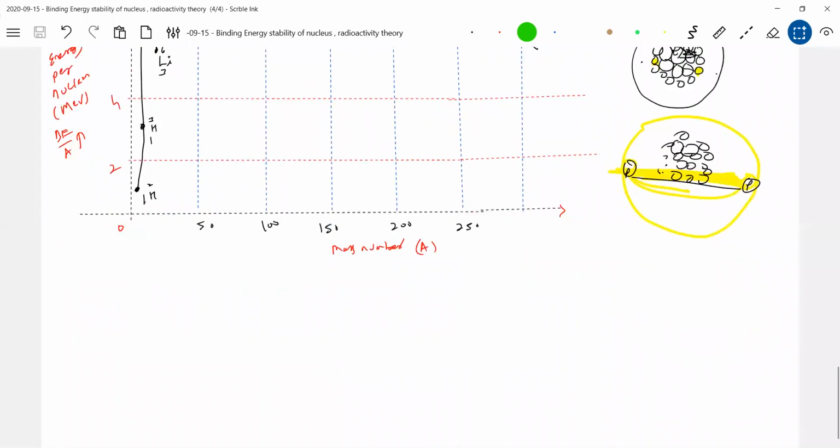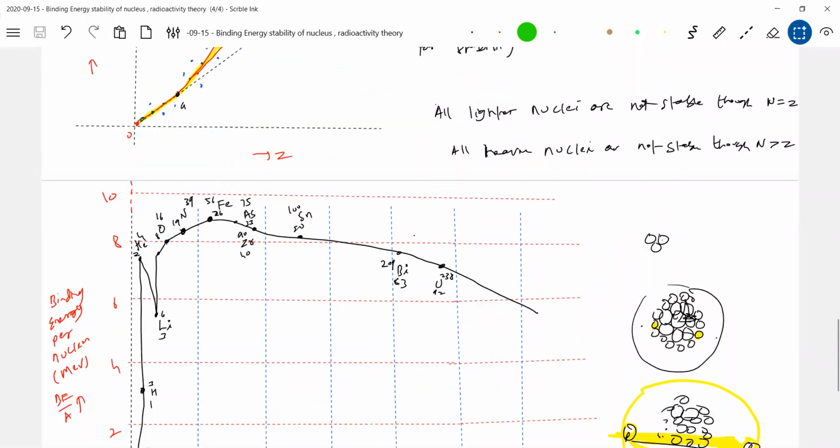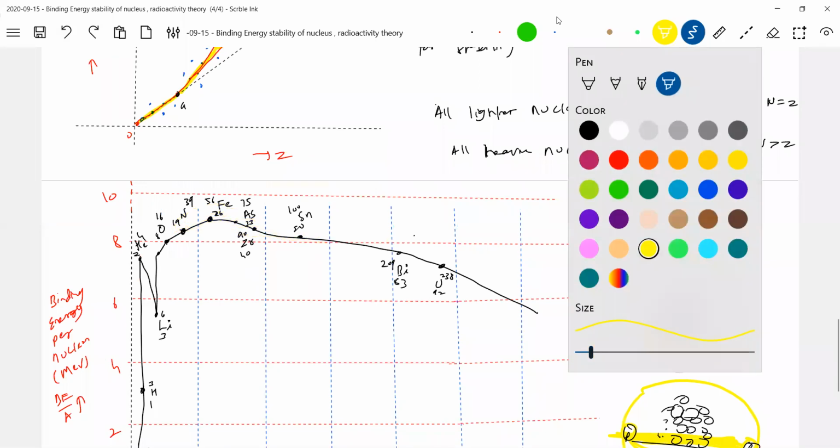Okay, now the ones which are stable, let's not bother. I think I'll shade it like this. We'll do one thing.